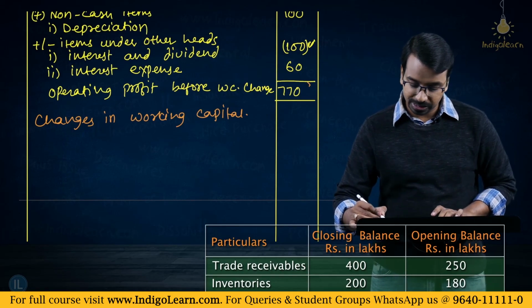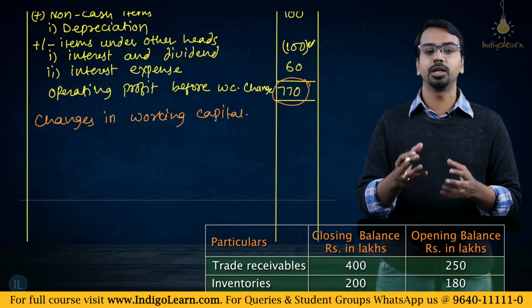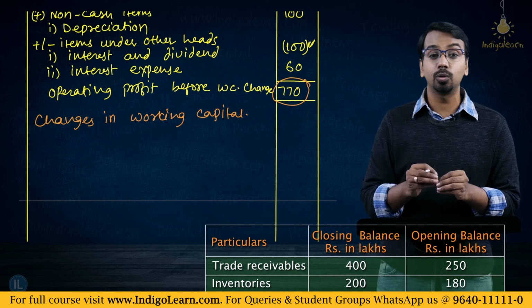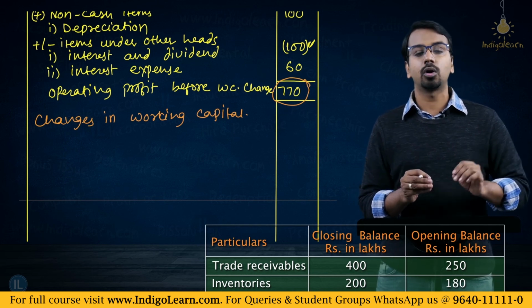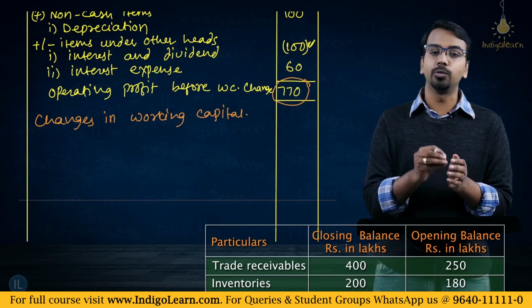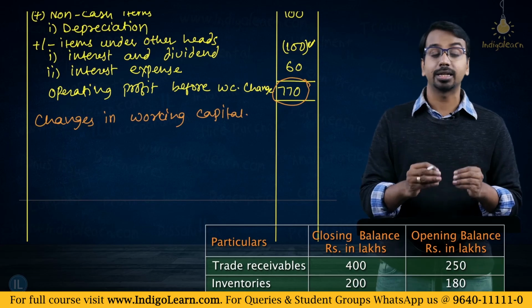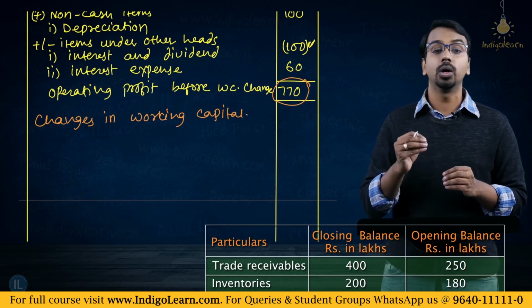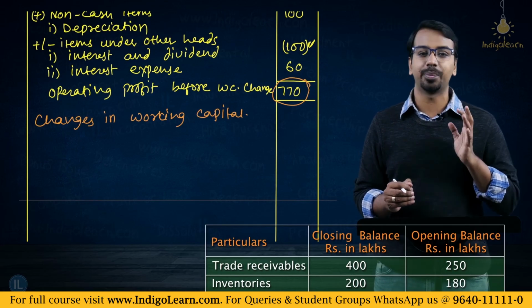Because this number of 770 includes cash items as well as non-cash items, meaning 770 includes those items of sales and expenses for which you would not have even paid cash. You will be paying the cash for such items in the future. So the impact of such items will be removed. You have to adjust for that. For that we have changes in working capital.